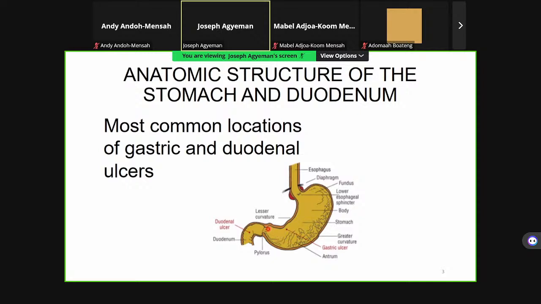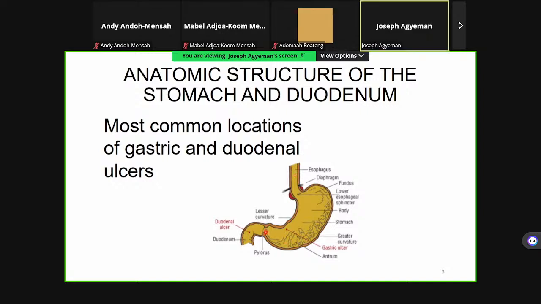Obviously, there is a valve in between the duodenum and the stomach, just as you have a sphincter in between the esophagus and the stomach. Over here, we say that to regulate the passage of materials into the stomach and outside the stomach back into the duodenum, in which case you may get GERD.